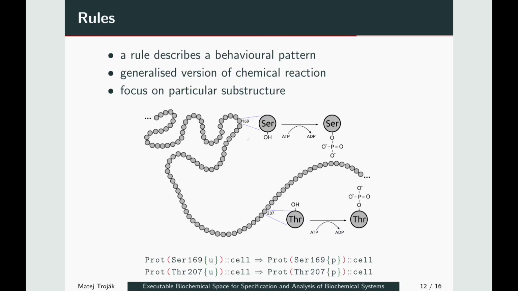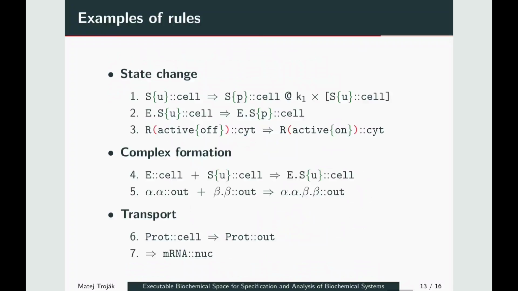In this example, we have again a protein with 2 amino acids, and each of them can be phosphorylated independently. So for that, we can write 2 independent rules. In the first one, the serine is phosphorylated, and in the second one, the threonine is phosphorylated. This way we can focus on a particular substructure of modeled issue.